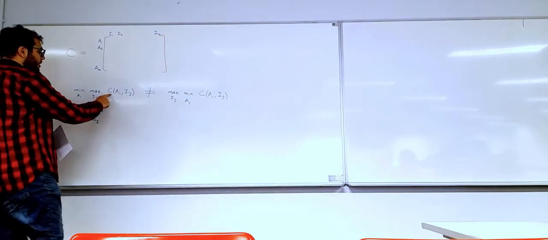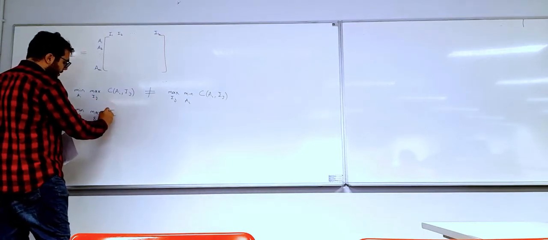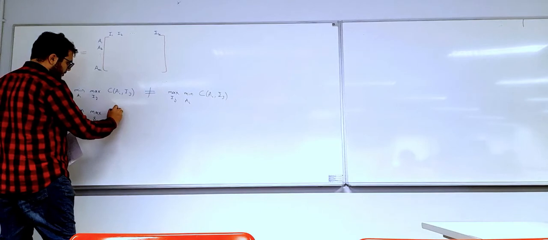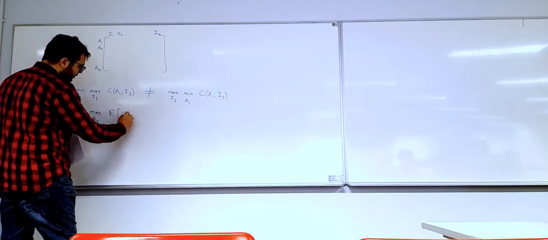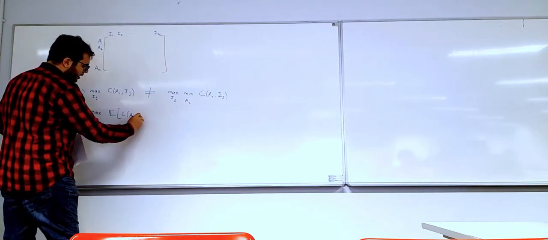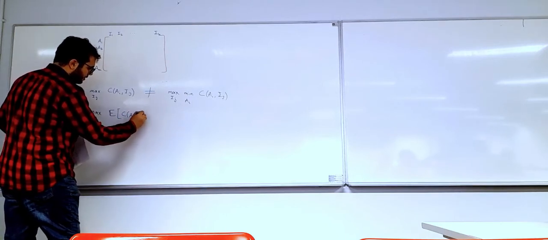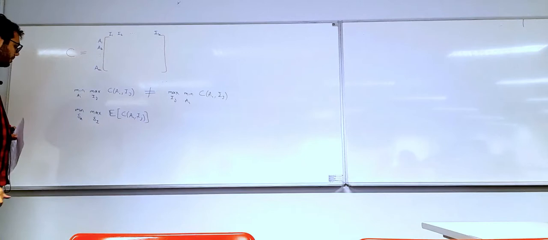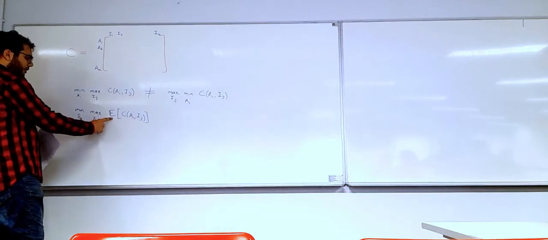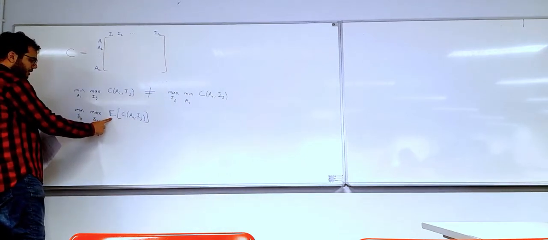Instead of having just the cost, now we have the expected value of the cost. This is the expectation of the cost of running Ai over input Ij. But what is the distribution defining this expectation?